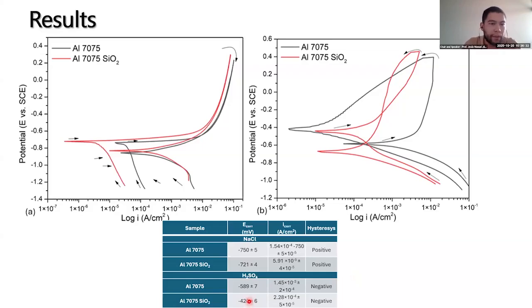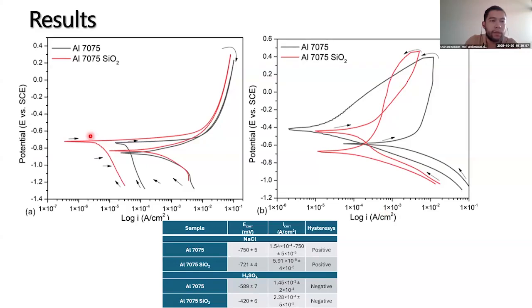Another important thing is that the application of the inhibitor shifts the curve, so the potential is more noble, and that means that more energy is necessary to begin the anodic process.